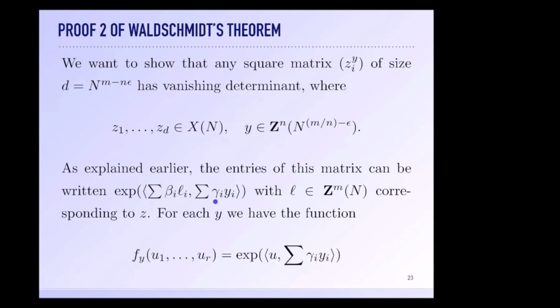And y_i is the component of this vector. So this is just a vector of size r, and I'm adding n of them together. So maybe it's clear if I say this is i equals 1 to n.